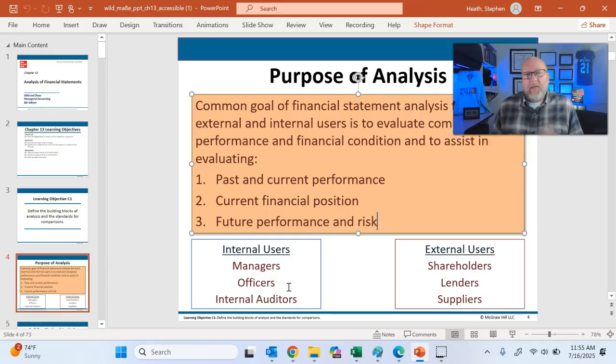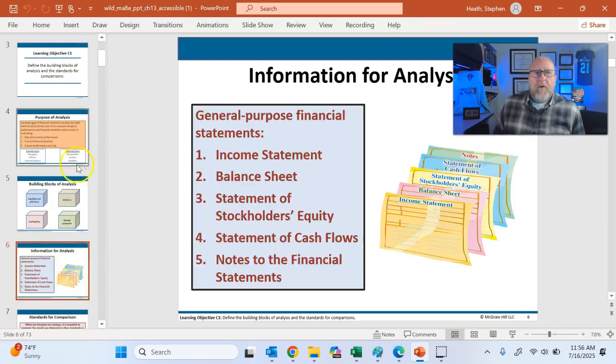A supplier isn't going to extend us credit if we are having a difficult time meeting our short-term obligations. So big suppliers may ask to see the financial statements so that they can interpret our financial well-being themselves rather than relying on our word.